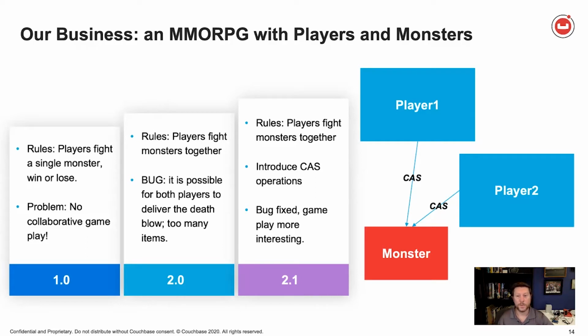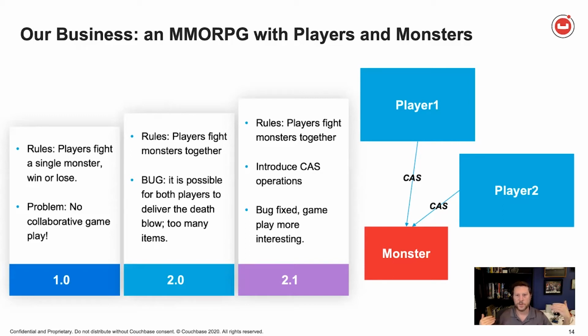So if two players are trying to deliver that death blow, the application server that's handling the request is going to try to modify the document. It has to pick up a little piece of opaque information that we call the CAS. That's for check and set. And that means that if that opaque value does not match, then the document's already been modified, and you need to retry that operation.